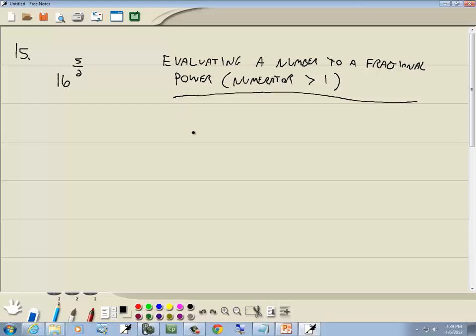And we got a property that goes along with this particular problem. And I'll write the property down after we work it. The problems are fairly simple, the steps. Property makes it look kind of complex, which usually is the case. Our first step is to put the numerator of the exponent on the outside of a set of parentheses.